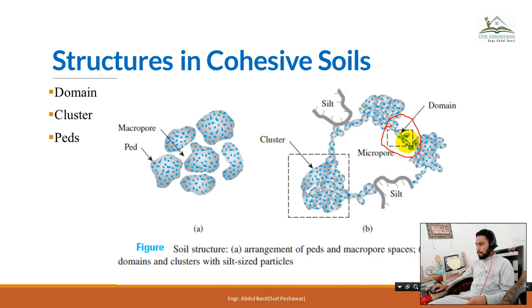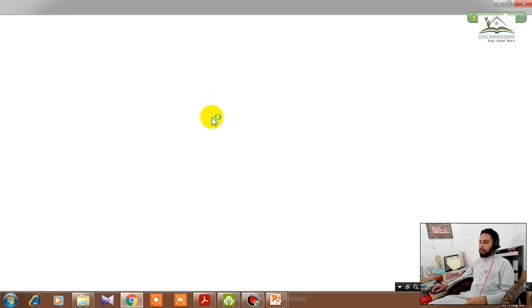Okay, then many domains will group together and will form a cluster. Then many clusters will group together and will form a ped. So here you can see this is a ped, made up of clusters.